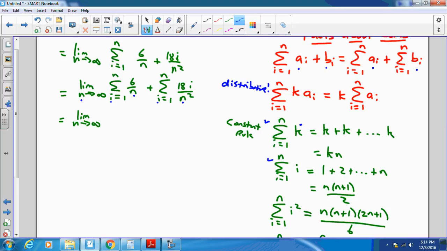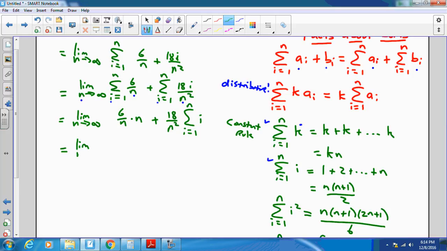So in the first sum, I can immediately apply the constant rule where k is equal to 6 over n. And I can write the sum from i equals 1 to n of 6 over n as 6 over n times n. And that's applying my constant rule. With the second one, this factor of 18 over n squared is a constant with respect to i.